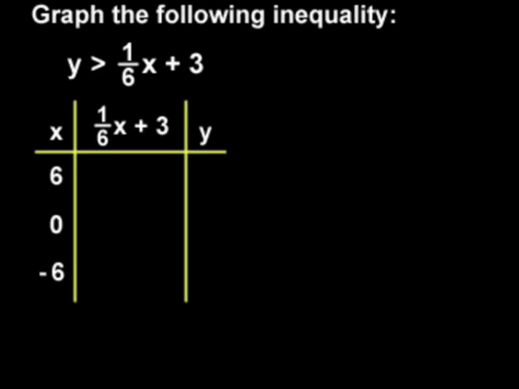Before I go graph, one way, if you're ever unsure, you can always make a table to graph, right? So this is one way to graph it if you're unsure how to use it.